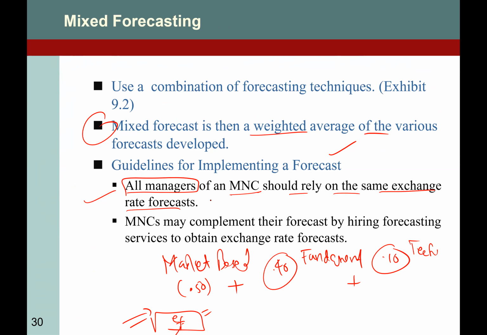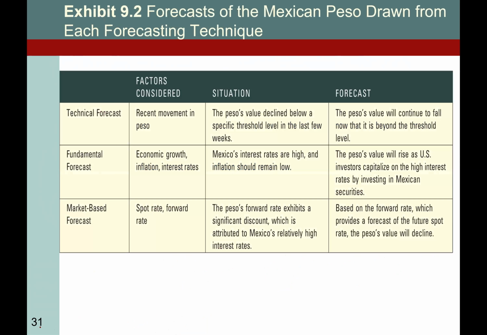That's why there are meetings where they discuss their points of view. The CFO may be more inclined towards the fundamentals, and the person who knows international finance may say, sir, use mixed forecasting, right? And all of them come to a point and then they make plans. So here we go.